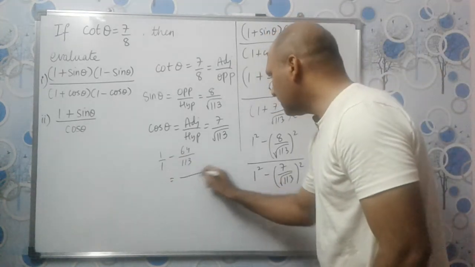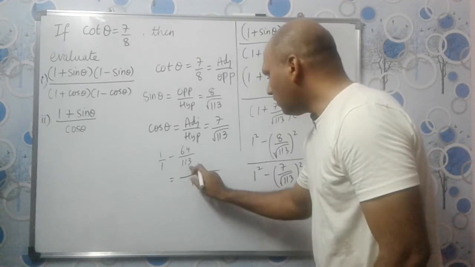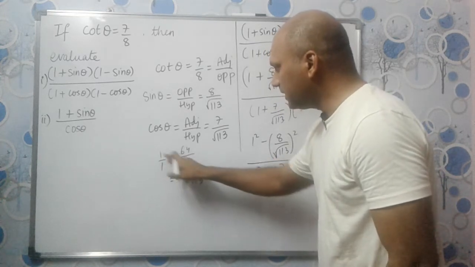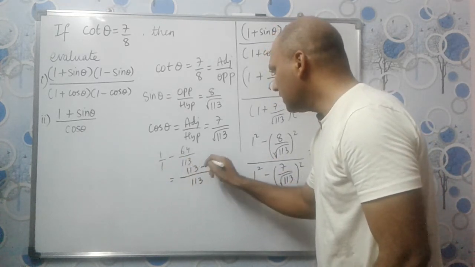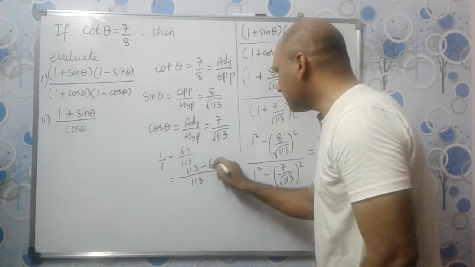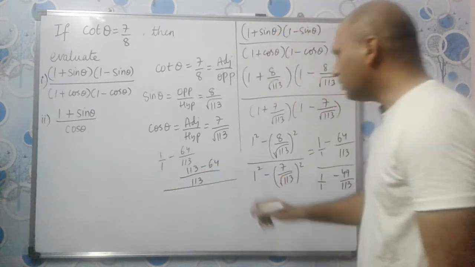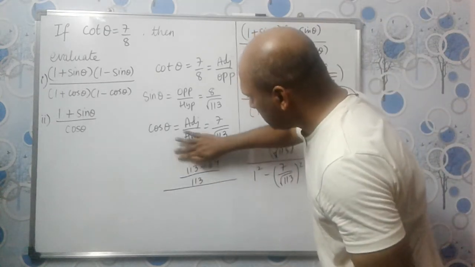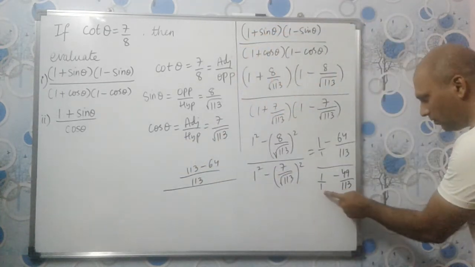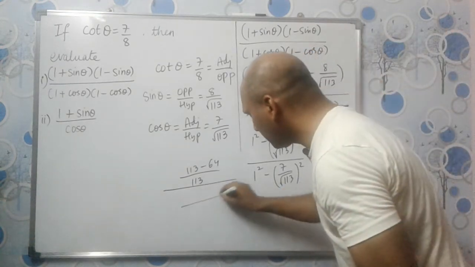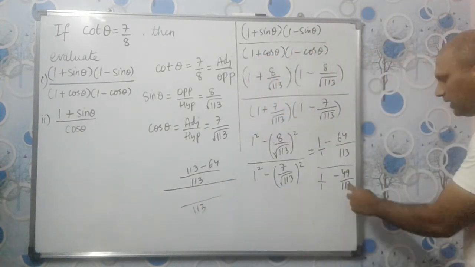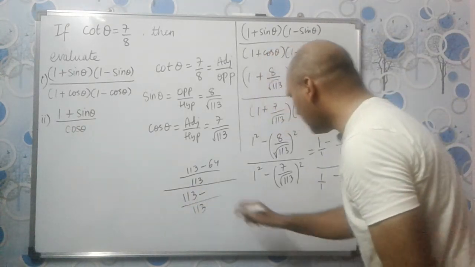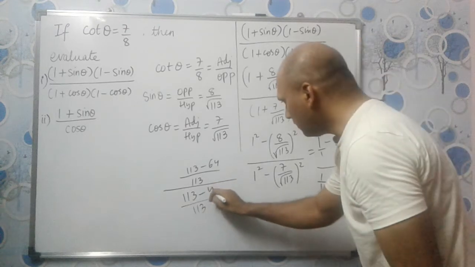So let us multiply the denominators. 113 multiplied by 1 is 113, cross multiply these numbers, 1 into 113 is 113, minus 1 into 64 is 64. This is the numerator. What about the denominator? 1 into 113 is 113, cross multiply, 1 into 113 is 113, minus 1 into 49 is 49.